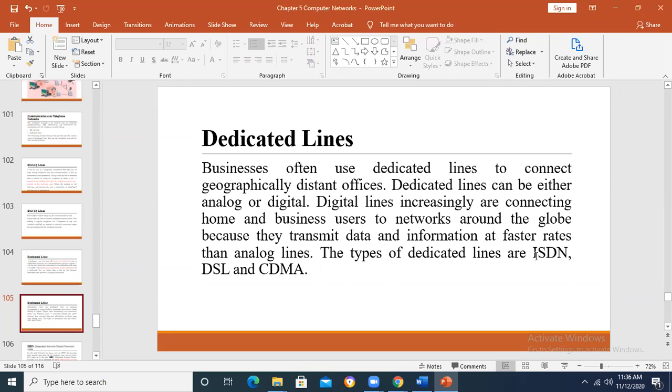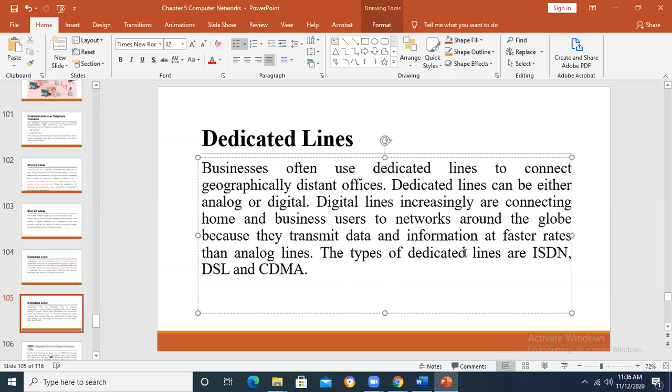First we had ISDN, we had DSL, we had CDMA. These are the different technologies in the telephone connection, particularly in the dedicated telephone connections. And they have better speed, better reliability, and of course a good quality as well.